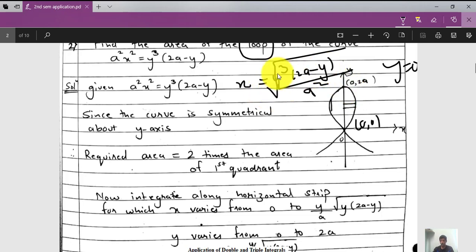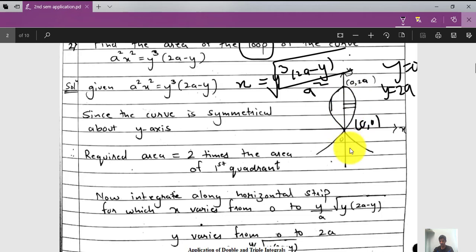Here there is a square root sign and I do not want an imaginary number. So if I take y is equal to 2a, again this turns out to be 0. Therefore the value of x will be 0, and that is the reason if you take the value 2a, it will be 0.